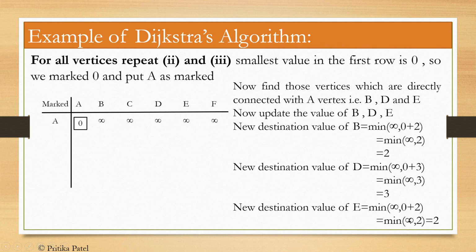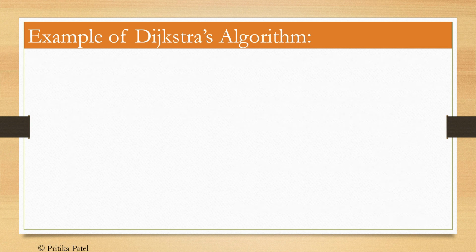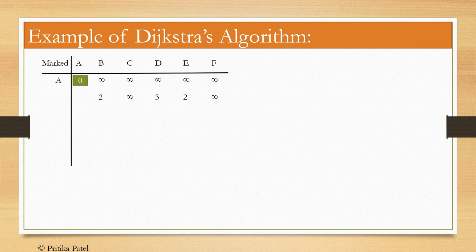So the minimum of infinity, comma, 2 is 2. So the values of B, D and E are updated now. So we have to put the updated values of B, D and E into the matrix. The values of vertices B, D and E are updated now.